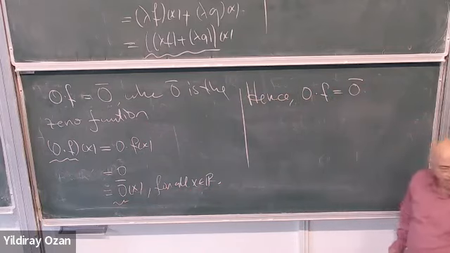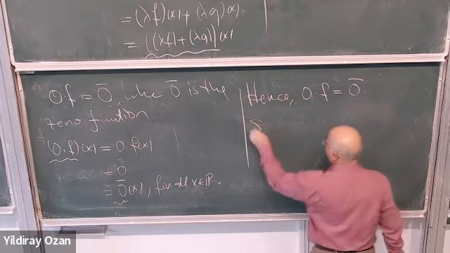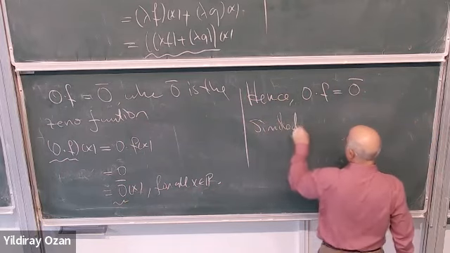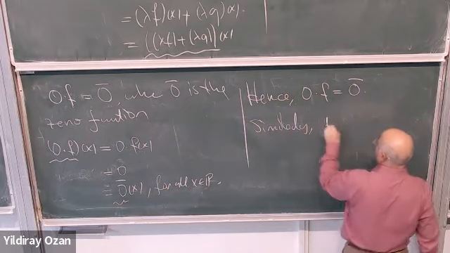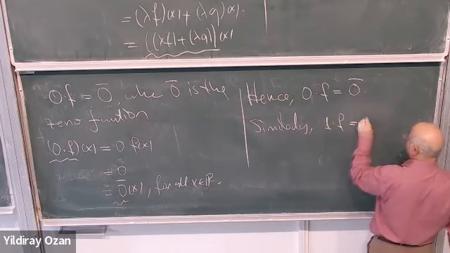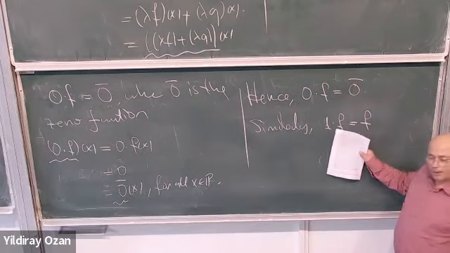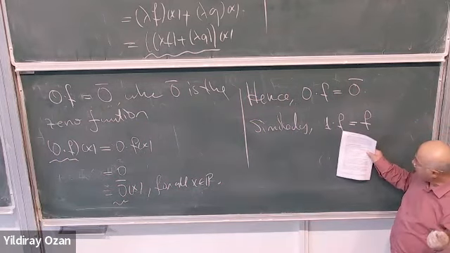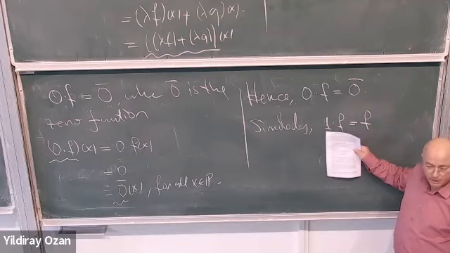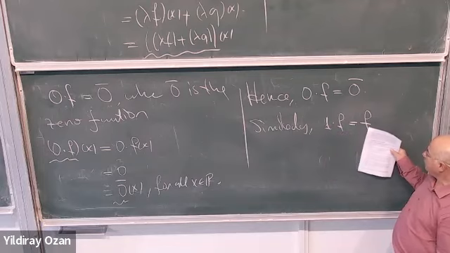Okay. Similarly, 1 times f is just f. I mean, this function f is multiplied with the scalar 1, and the result is just f.